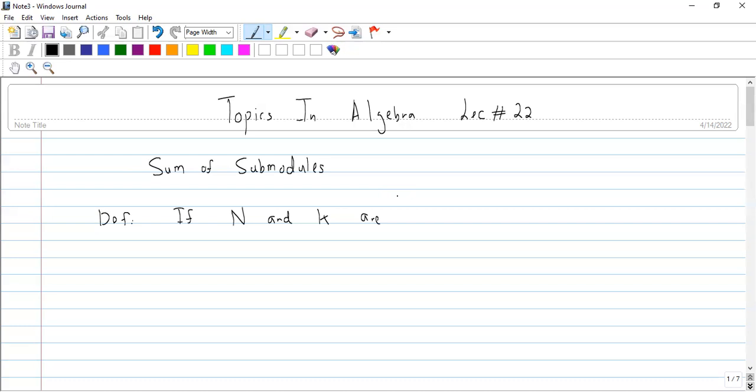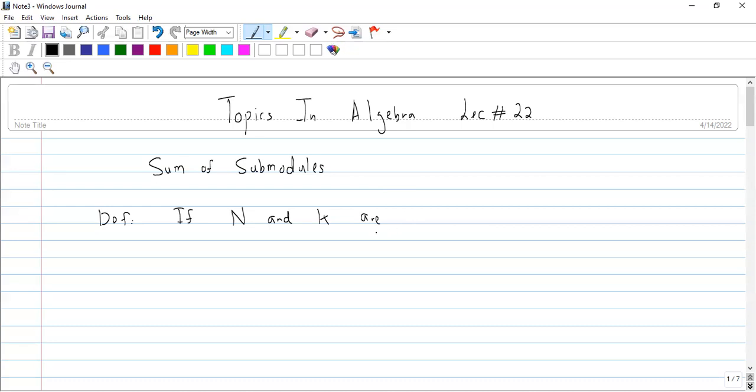In the same way, first we will see the concept of the sum of submodules, and then we will introduce a few more concepts which are related to submodules, and after it we will see the concept of direct sum of modules.